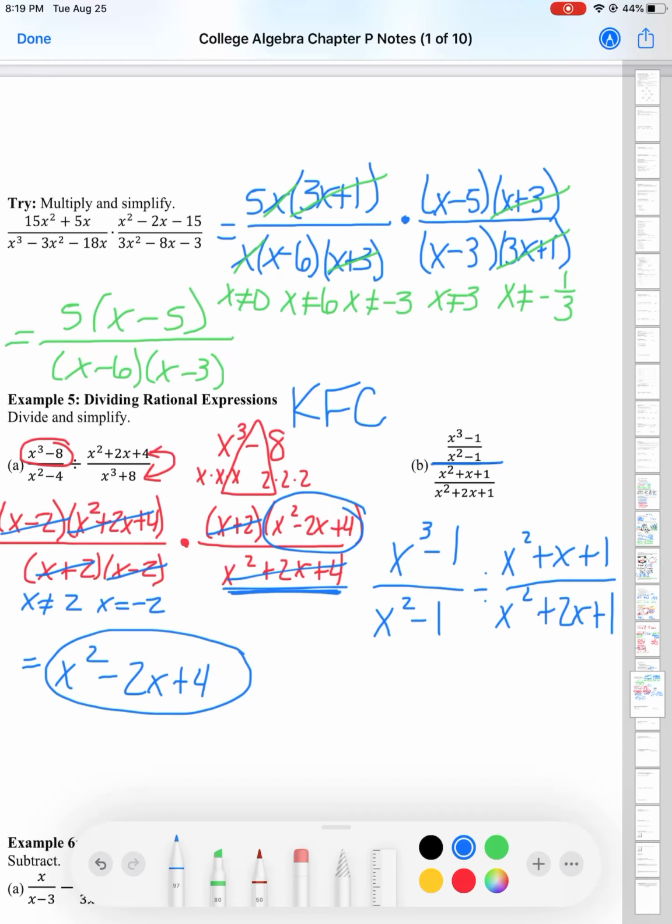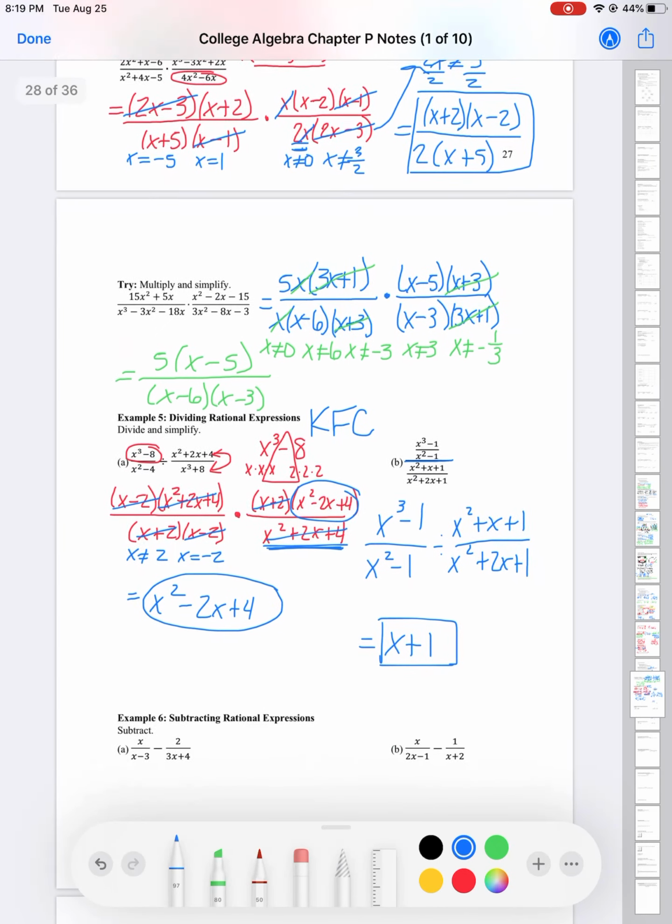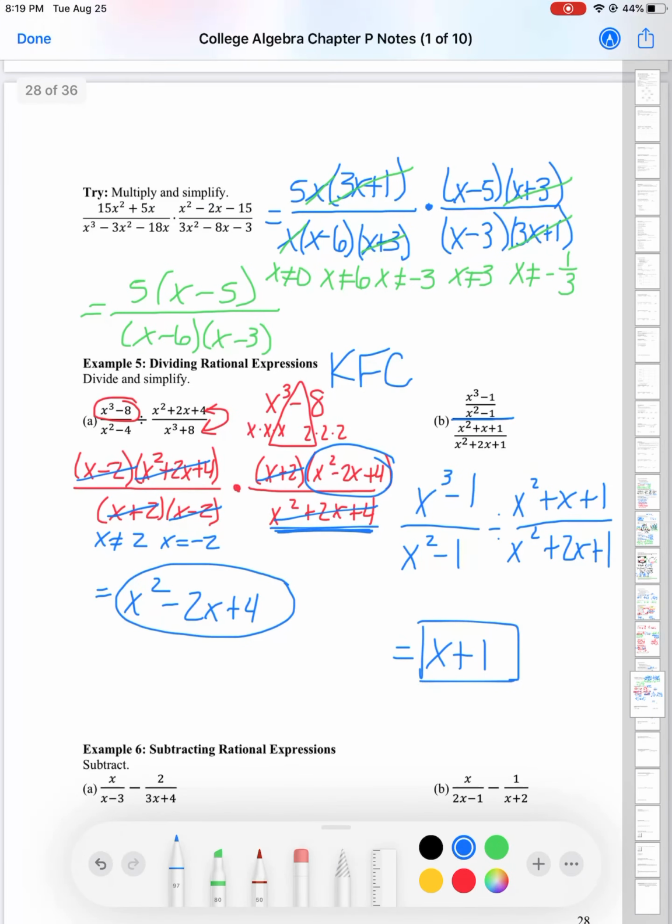So after rewriting that, you try it. Pause me and try it. Your answer should just be x plus 1. That's how it simplifies.